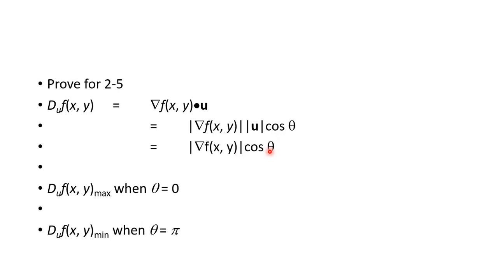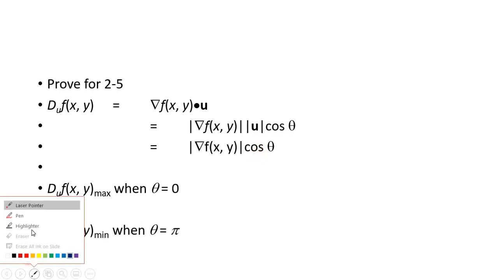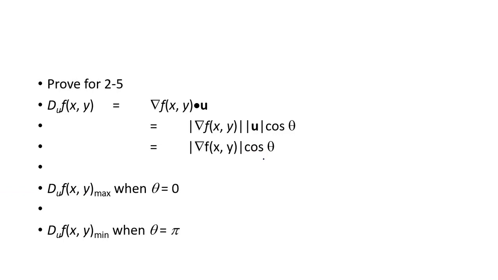Cos 0 is 1, so the cos theta value goes up to 1. The maximum value happens at 1, when theta is 0.